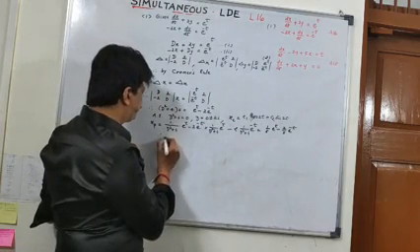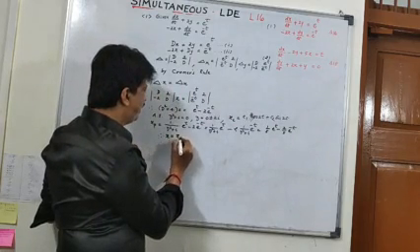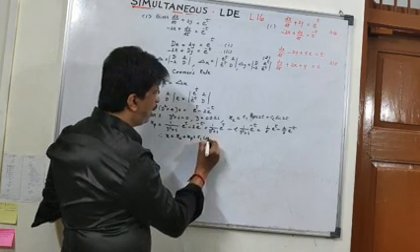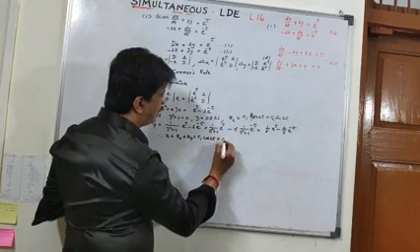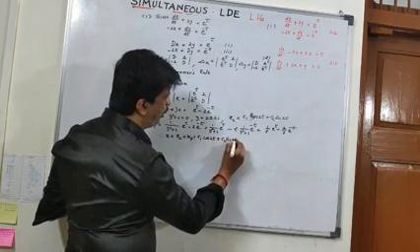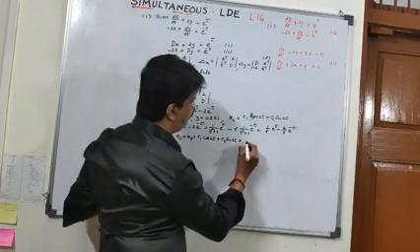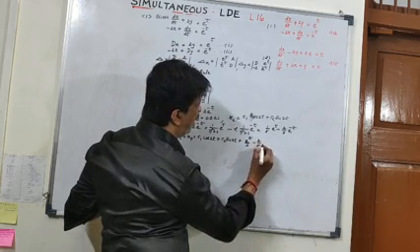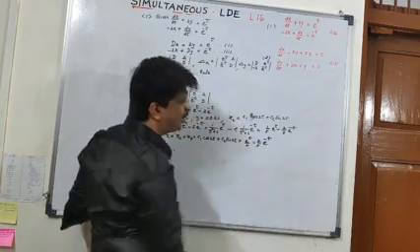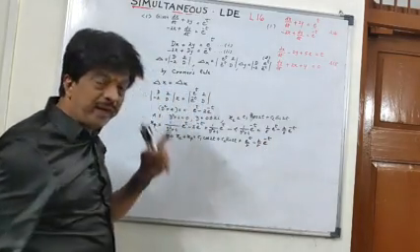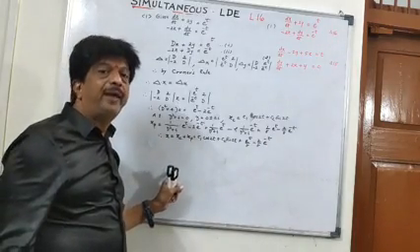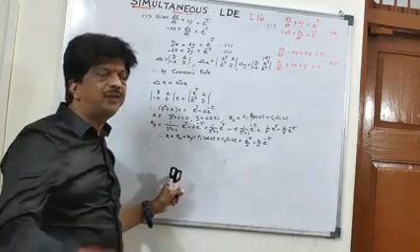Therefore x is equal to xc plus xp: c1 cos 2t plus c2 sin 2t plus e raised to power t by 5 minus 2 by 5 e raised to power minus t. So this gives me one of the values, one dependent variable x as a function of t.